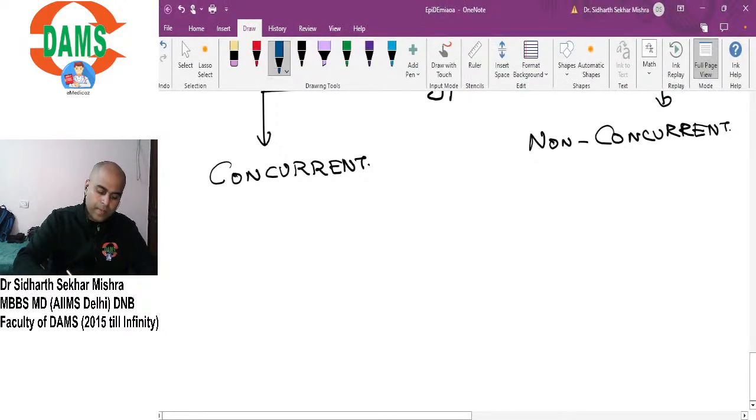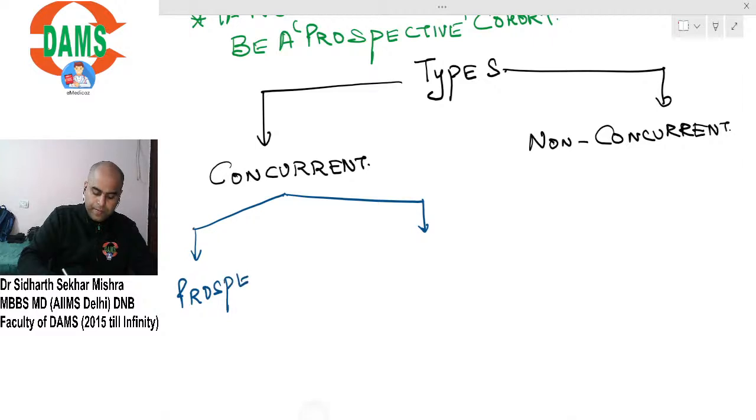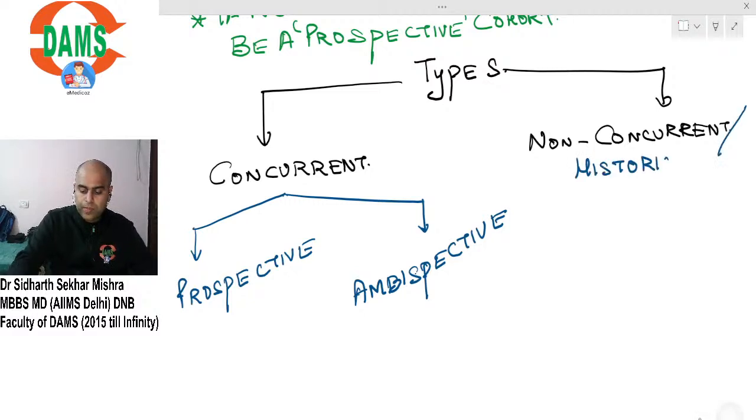Concurrent has two types, prospective and ambispective. Non-concurrent is also called historical or retrospective.